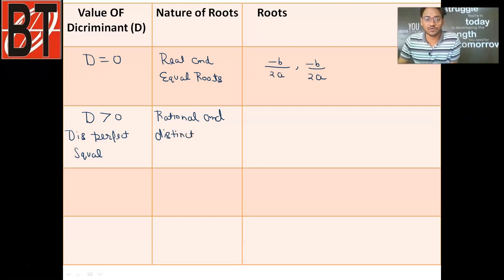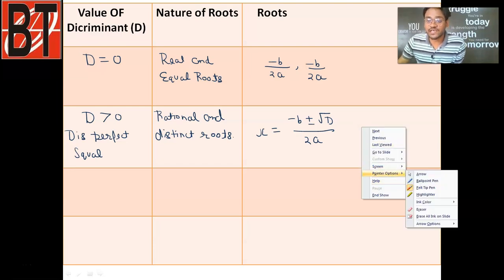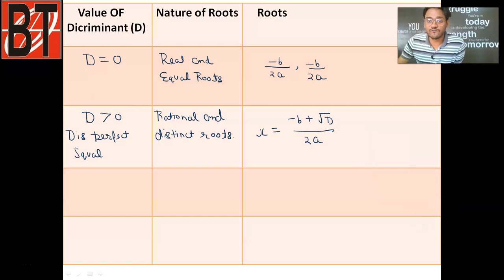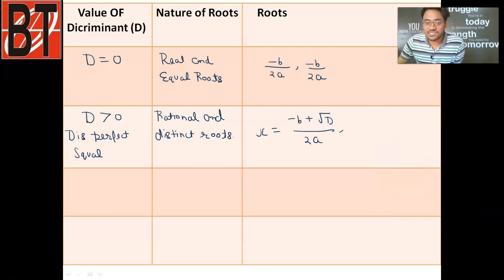Rational and distinct roots. And the values of the roots are going to be this: minus b plus minus root d upon 2a. One root when I take the positive sign in between, and the other root when I take the negative sign in between. I guess no confusion in this. Okay, students, let me write the two roots separately. One is this and another root is this one.